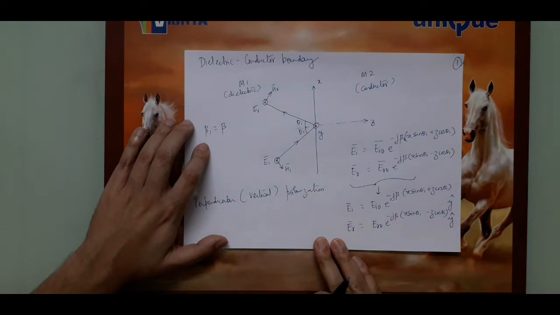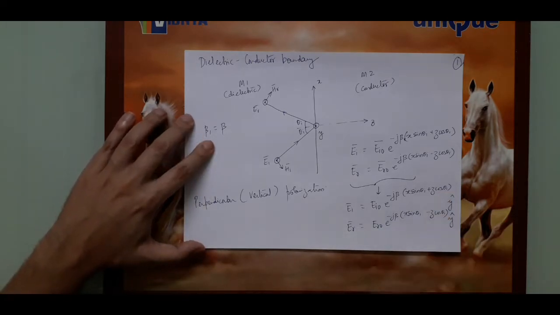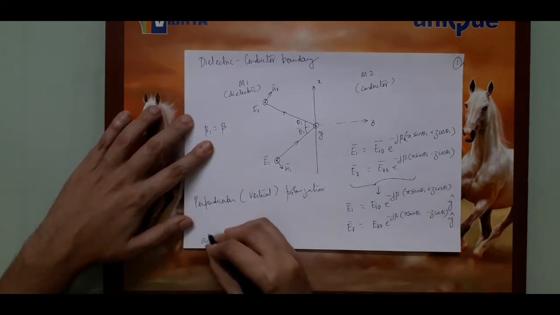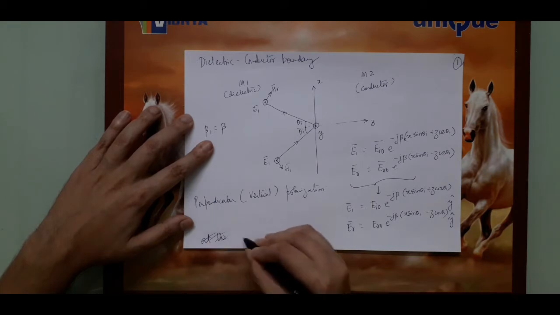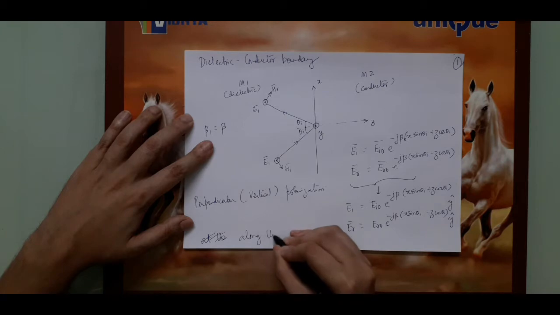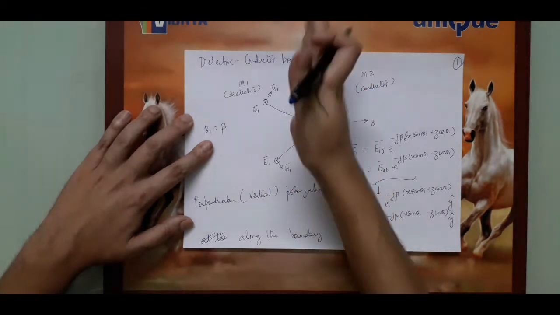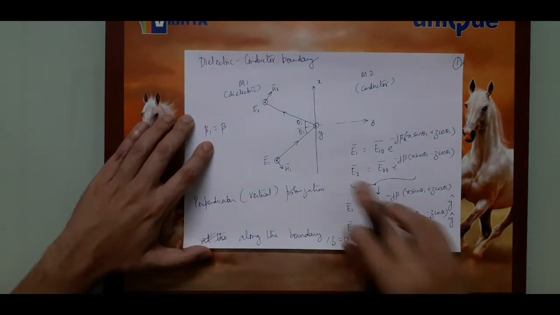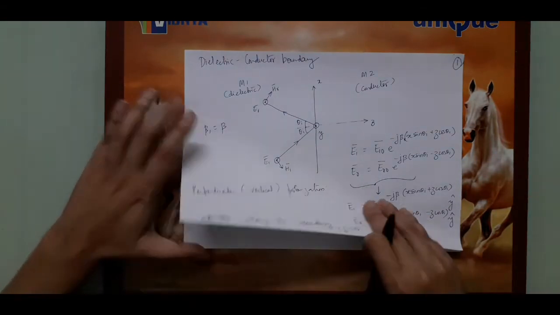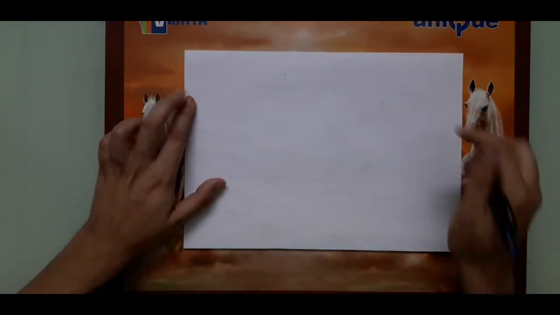Now along the boundary, that is this line, z will be 0. So what will the EI and ER be at the boundary?